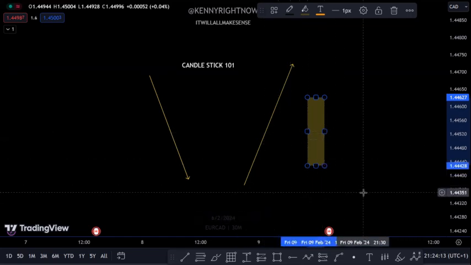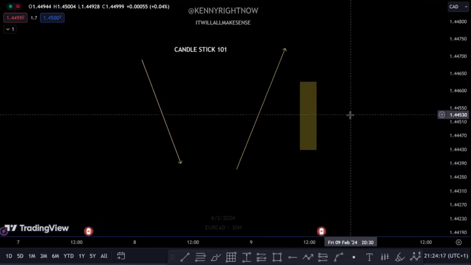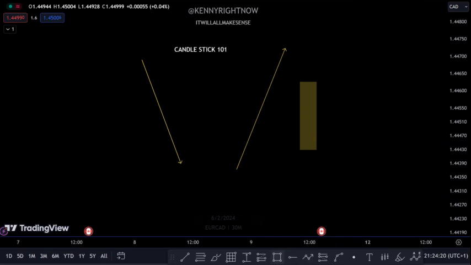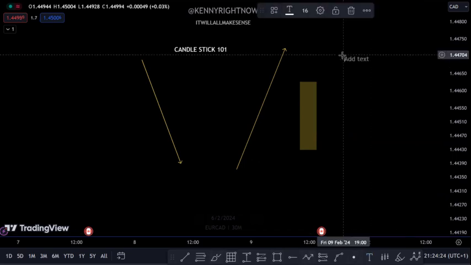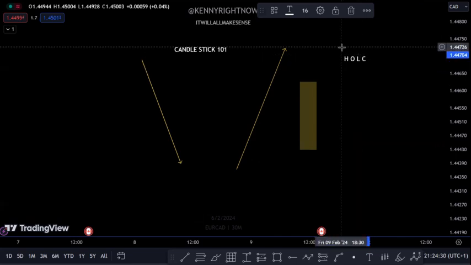Now that's what we're going to do. We're going to dissect the bullish candle and the bearish candle and understand the concept behind it. Now, there's something called the HOLC, which is the high, the open, the low, and the close.